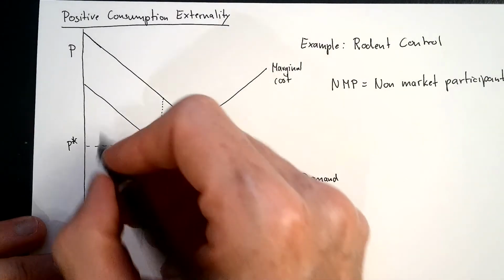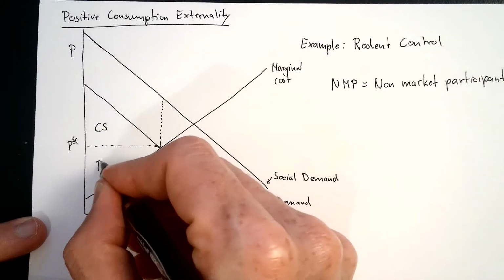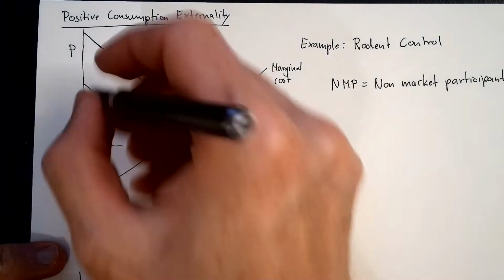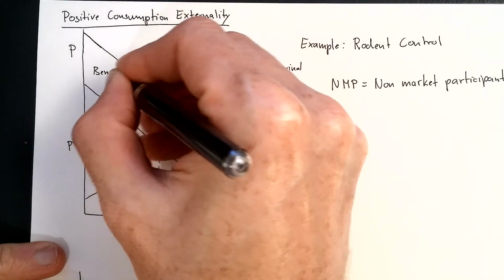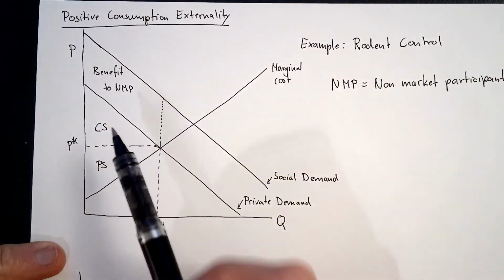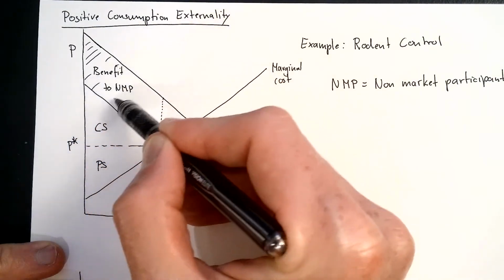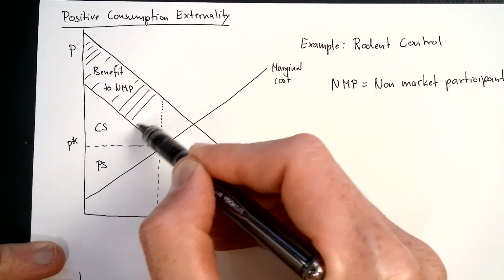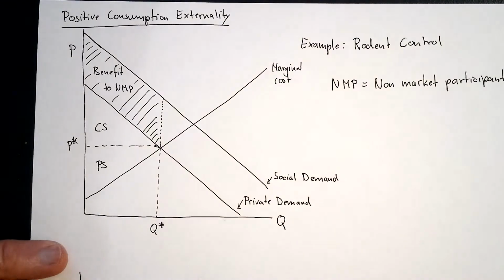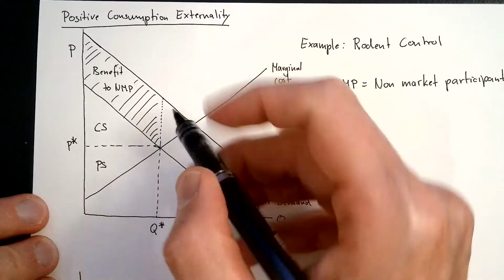You have the consumer surplus, you have the producer surplus, but then you also have the benefit to the non-market participants, which is this entire area here. Note that the deadweight loss associated with the positive externality in the absence of any intervention is this triangle here.